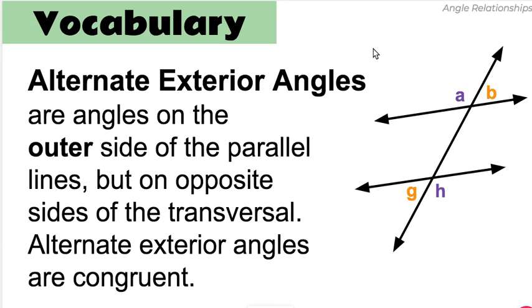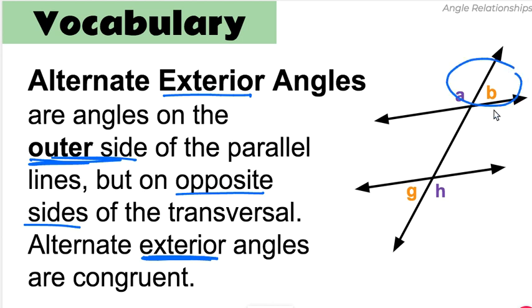Okay, now with our alternate exterior angles, we're looking at angles on the outer side, that's exterior, outer side of the parallel lines, still on opposite sides. That's alternate. Alternate exterior angles are congruent. So we're looking on the outside here, but we're still taking our opposite or alternating angles.